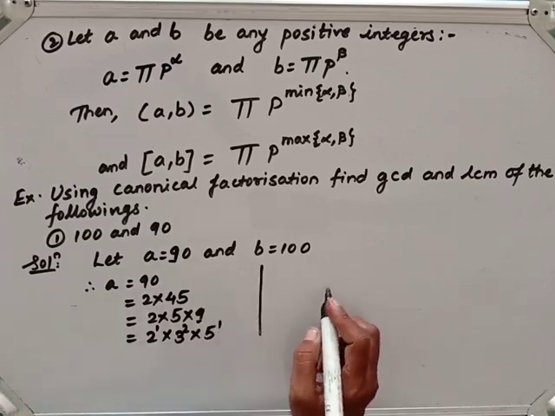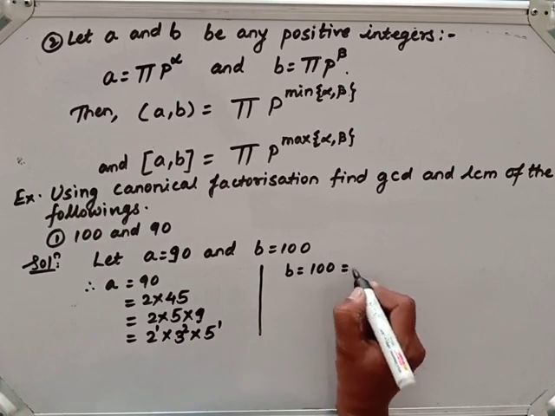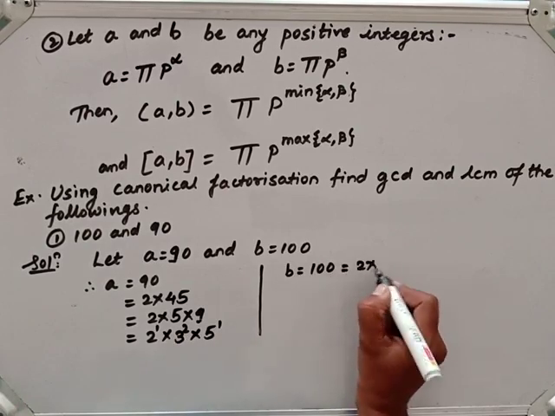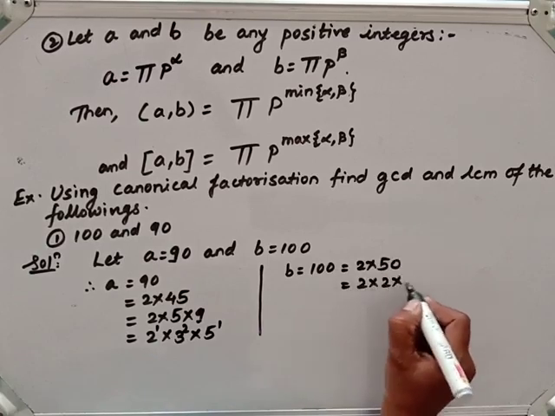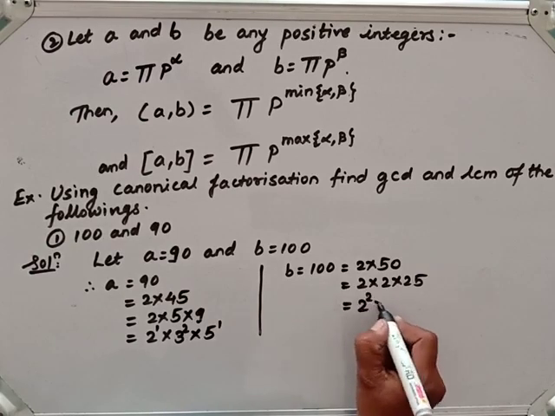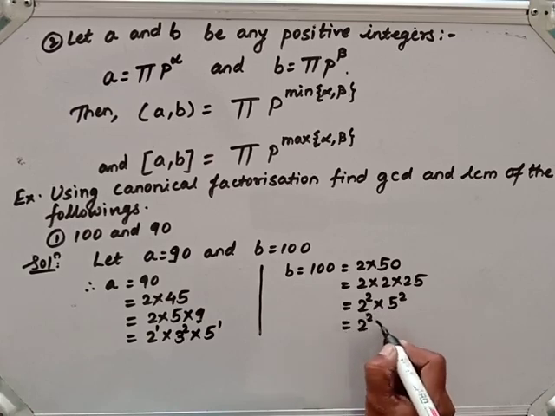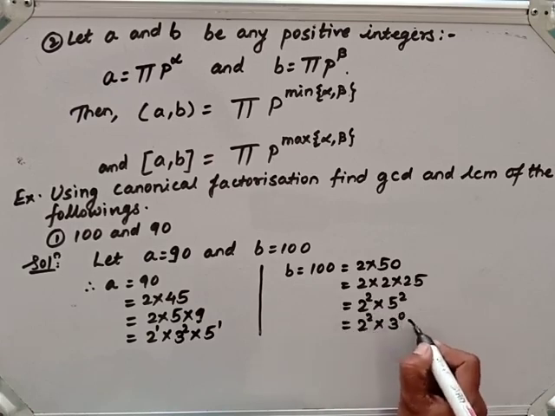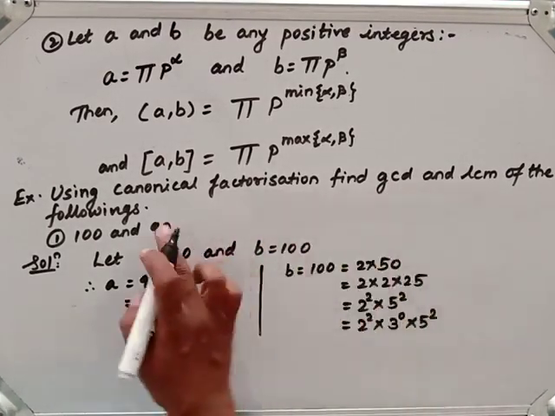Similarly, B equal to 100. 100 can be written as 2 into 50, that is 2 into 2 into 25. So it is 2 square into 5 square, so it is 2 square into 3 raised to 0 into 5 raised to 2. As such we can write. Now we have to determine the GCD and LCM of them.